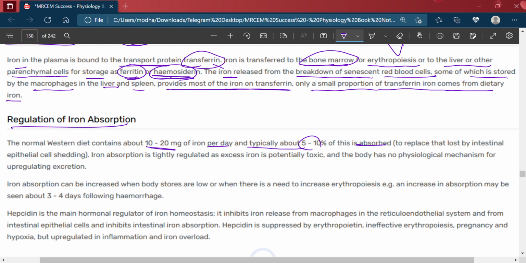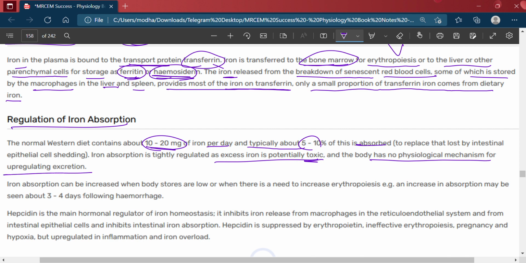Iron absorption is tightly regulated, as excess iron is potentially toxic, and the body has no physiological mechanism for upregulating excretion.